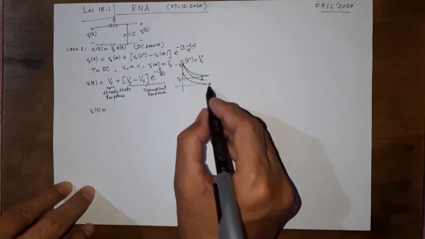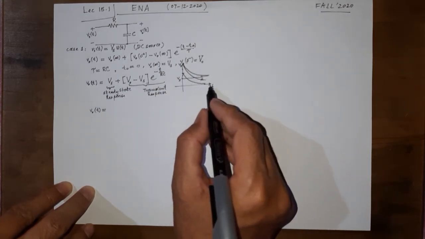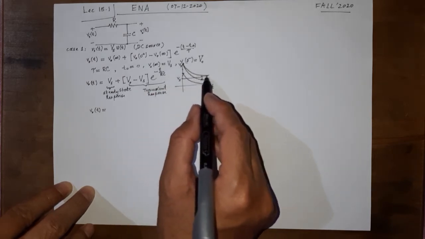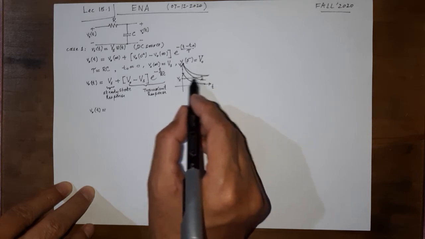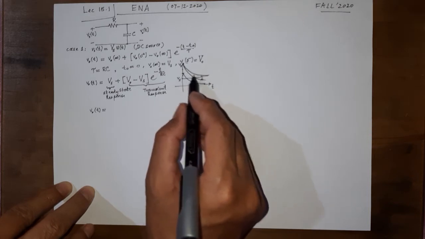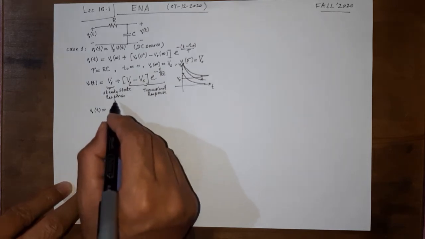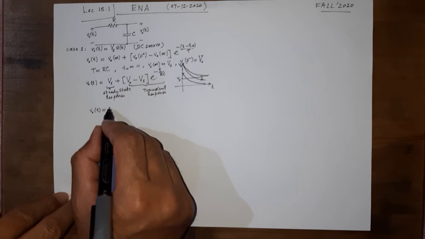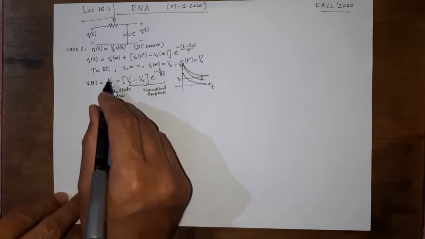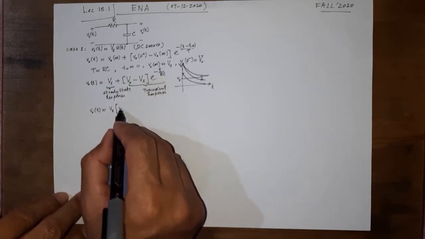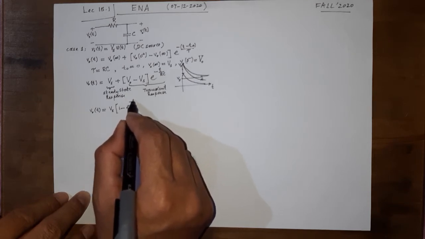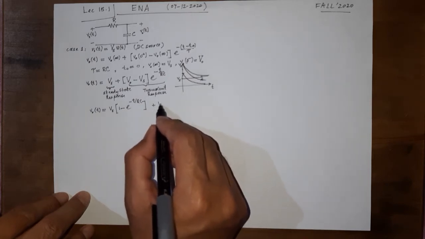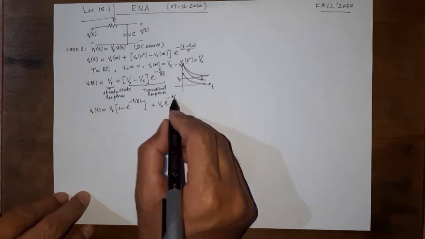So this is plotting of V naught T against T, just to give you an idea that the ultimate response contains some DC part and some decaying exponent part. This is the transient response, this is the steady state response. If we rearrange this, we can write Vs common in the terms that have Vs, 1 minus e raised to the power minus T over RC, plus V naught e raised to the power minus T over RC.